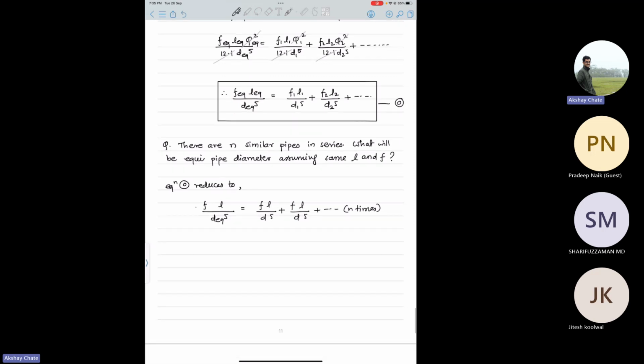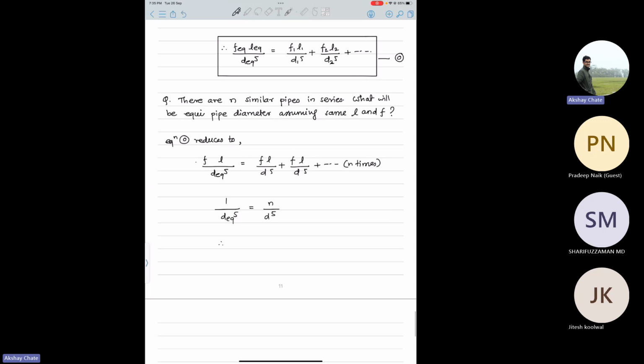If you simplify, this becomes n times d to the power 5, correct, because the numerator terms will go away. Therefore your d equivalent will be nothing but d divided by the 5th root of n. So basically it will be n to the power 0.2, so you will have n to the power minus 0.2 times d.